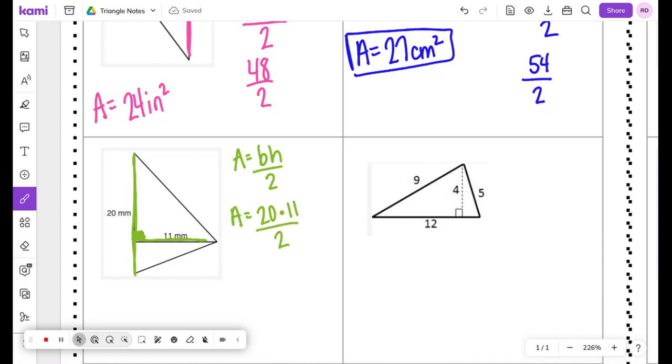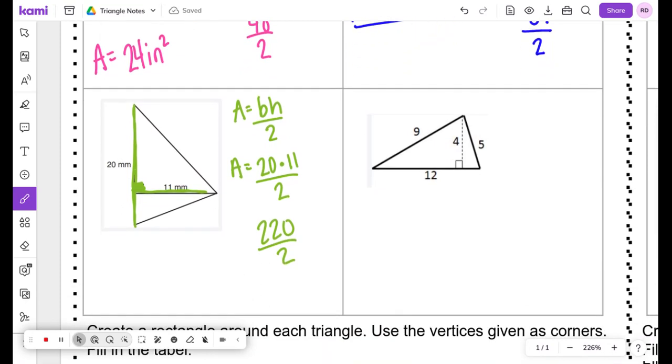And then we're going to divide that by 2. 20 times 11 is 220 divided by 2. So the area of this third triangle is 110 millimeters squared.